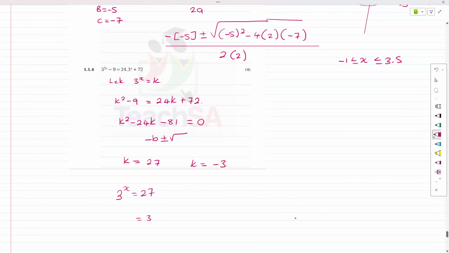If you don't know how I did that, that's 3 cubed, 3 to the x, cancel, x equals 3. This one is 3 to the x equals minus 3, and this does not work out. There will be no solution for this, right? So that's fine.